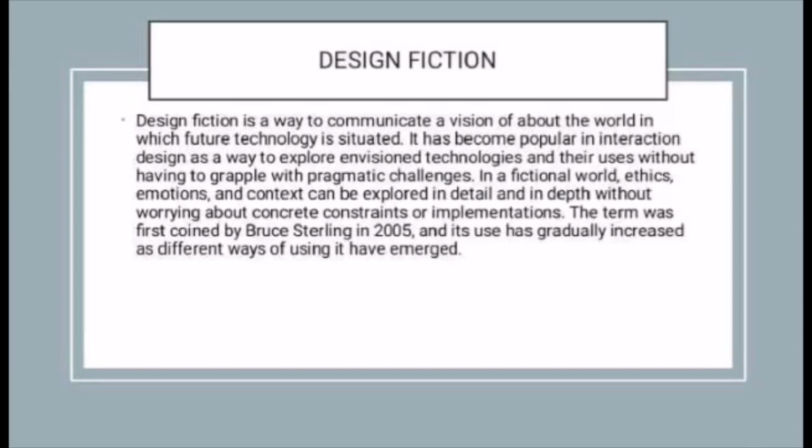In a fictional world, ethics, emotions, and context can be explored in detail and in depth without worrying about concrete constraints or implementations. The term was coined by Bruce Sterling in 2005 and its use has gradually increased as different ways of using it have emerged.